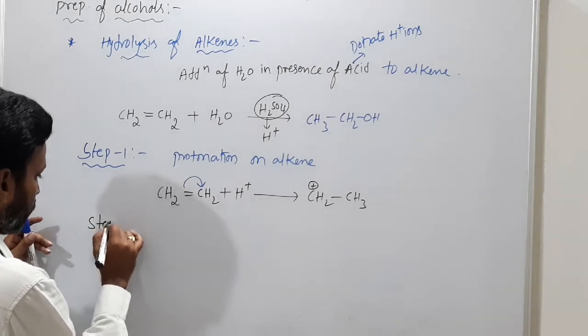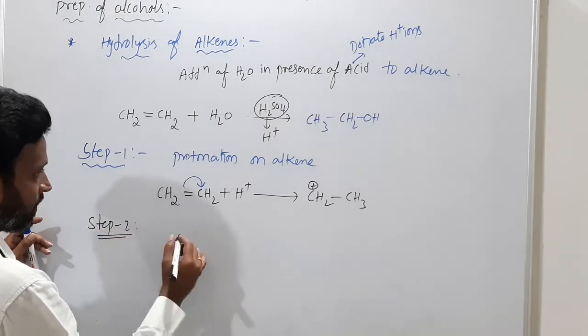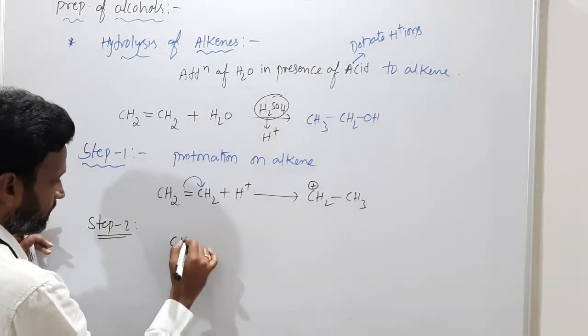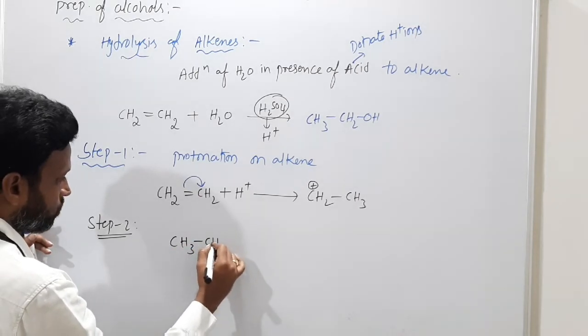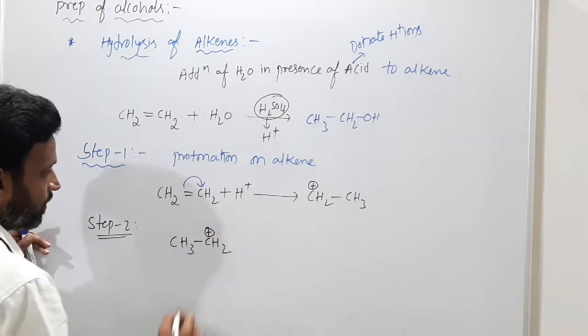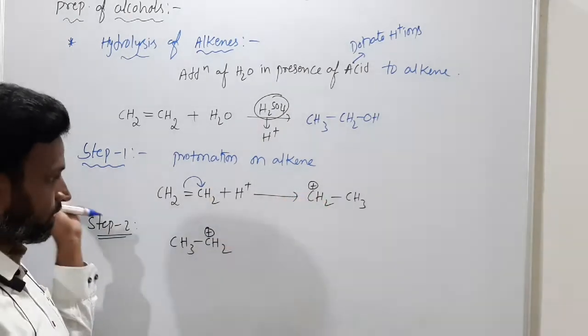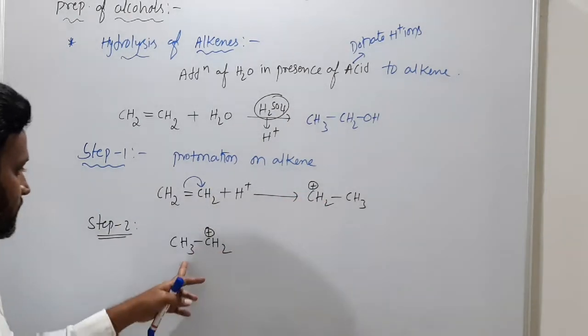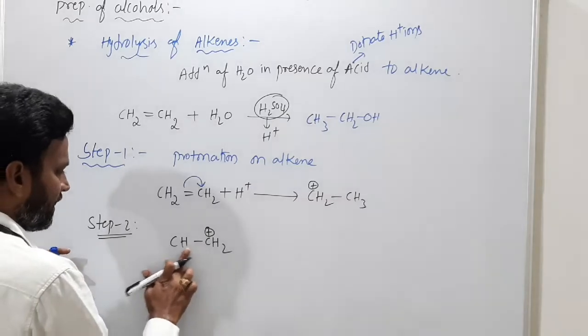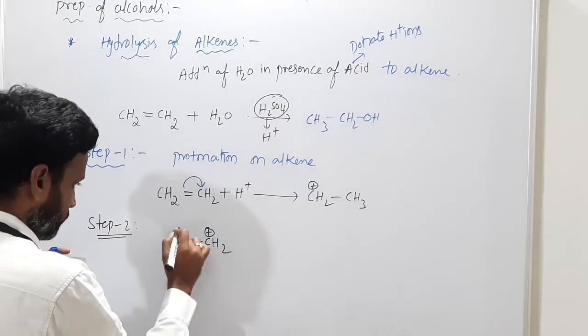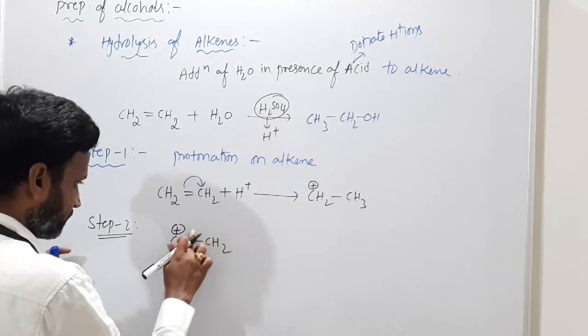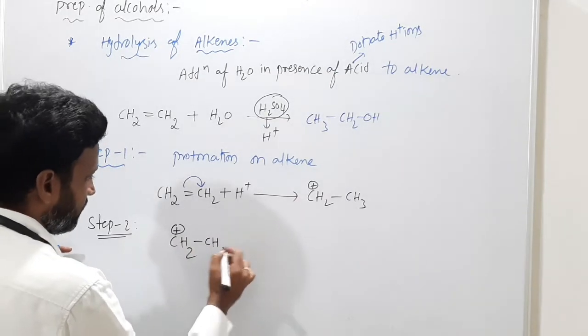Now come to step 2. Now I am writing this again as CH3 and CH2 plus. No sir, positive charge on the left side, don't say like that. This is CH3 and CH2 plus. Otherwise I will write it like that only. CH2 plus and CH3.